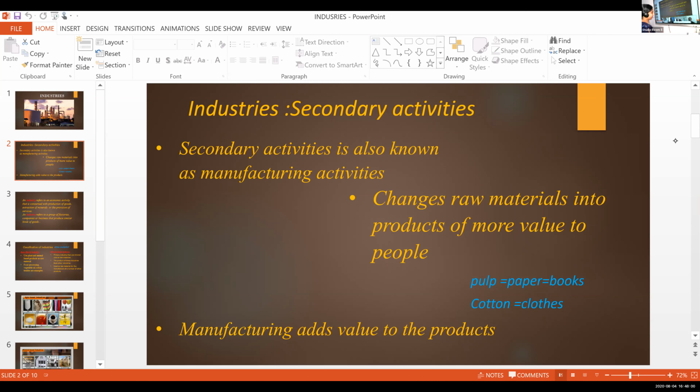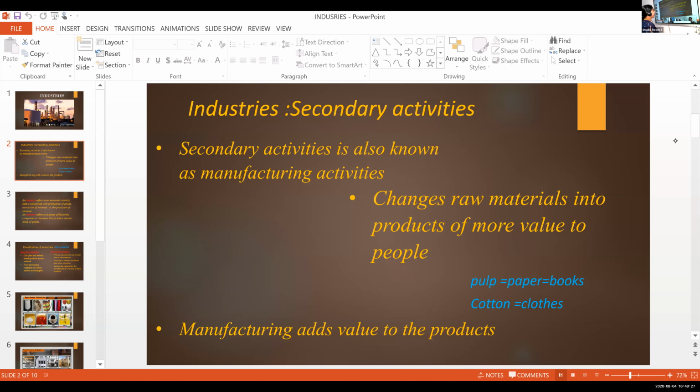You should know what primary, secondary and tertiary activities are, because these three words are important in geography this year.